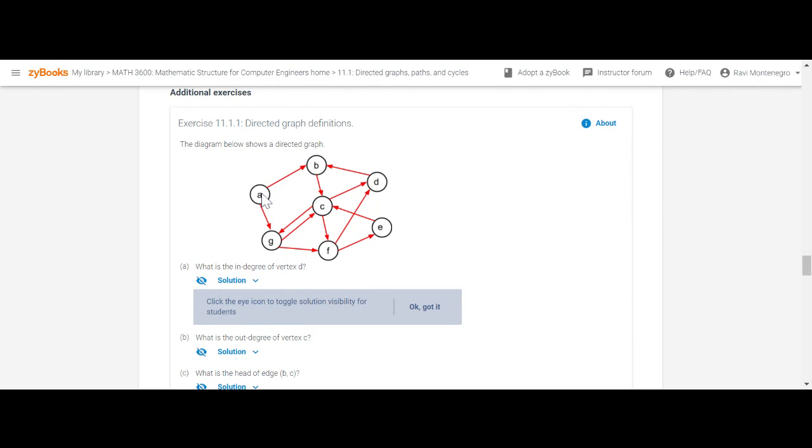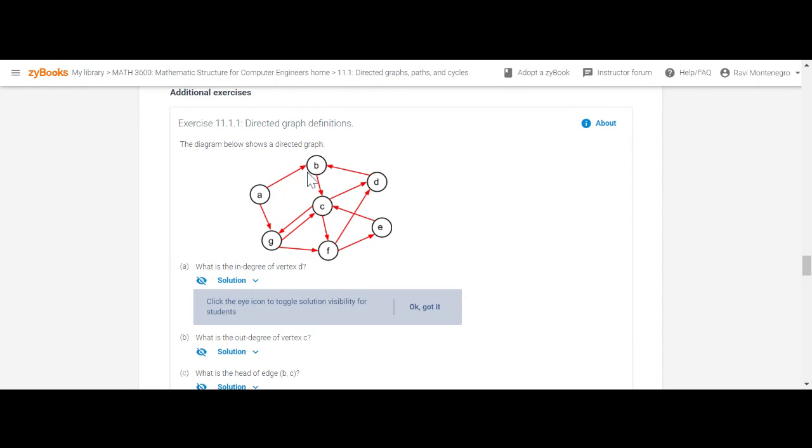If I start at A and I ask you the length of the shortest walk to E, there are several different ways to get there. For example, I might go A, G, C, F, E. That was 4.